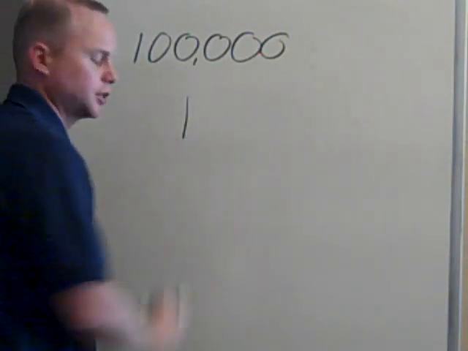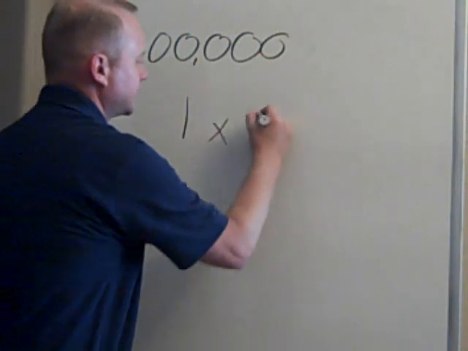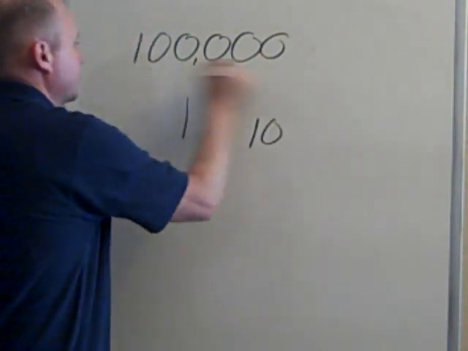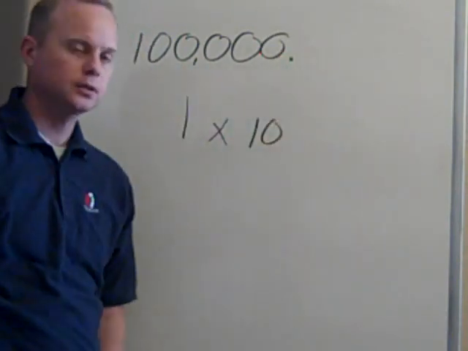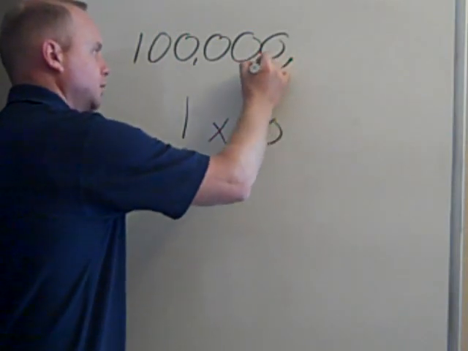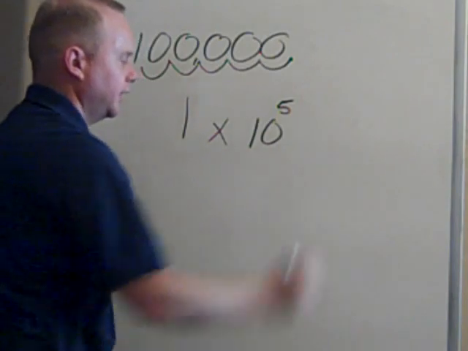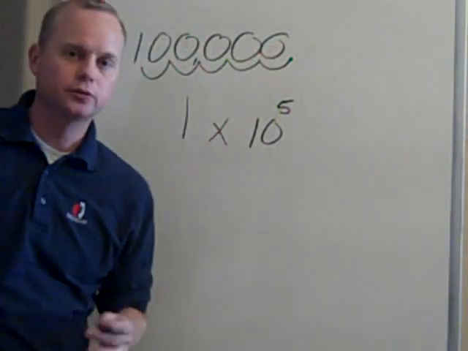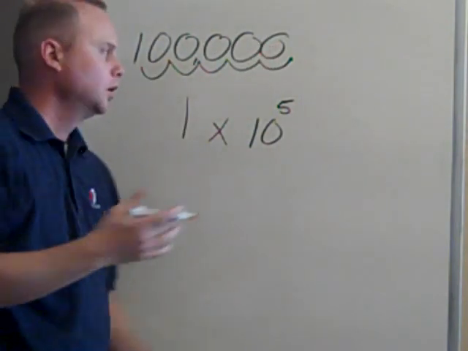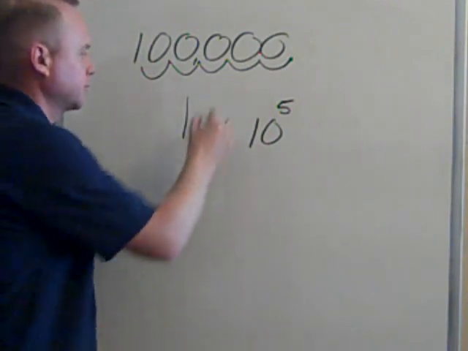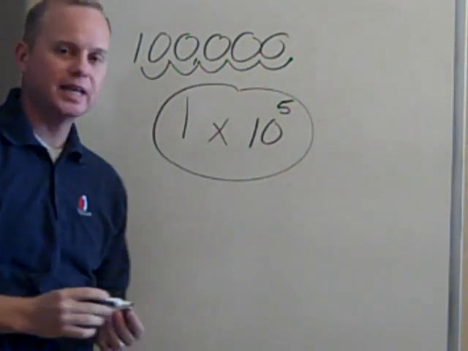So just putting a 1 is sufficient. And I can go 1 times 10 to the, now here is my original decimal. I count how many spaces I moved it. 1, 2, 3, 4, 5. I write that here. This number, the original number 100,000, is larger than 1. So because of that, I leave this as a positive exponent. So my answer to this one is 1 times 10 to the 5th.